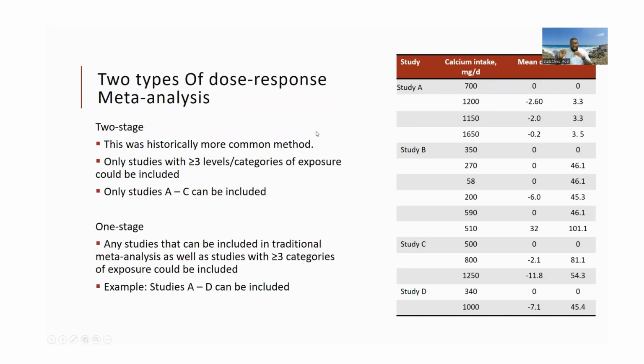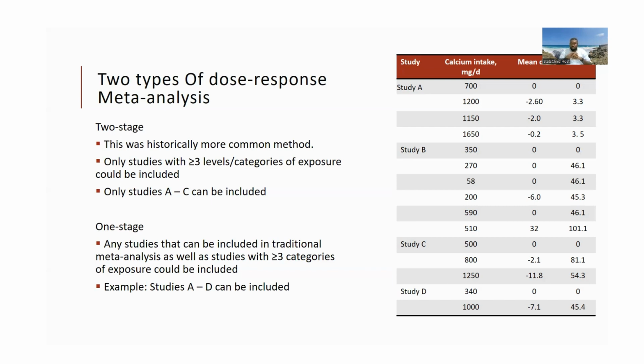The other thing that we note with the dose response meta-analysis is that there are two major types: the 1 stage and the 2 stage. Okay, so in the 1 stage, you can include studies that have even just two categories, maybe exposed, non-exposed, right? But in the 2 stage, you have to include studies that have 3 or more.